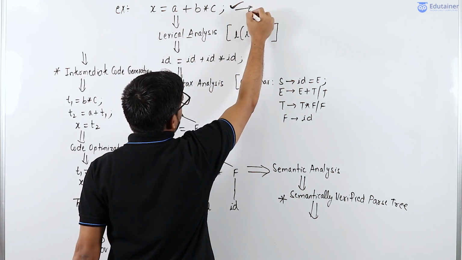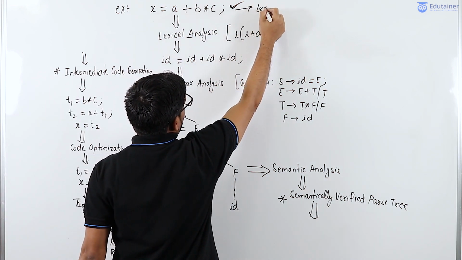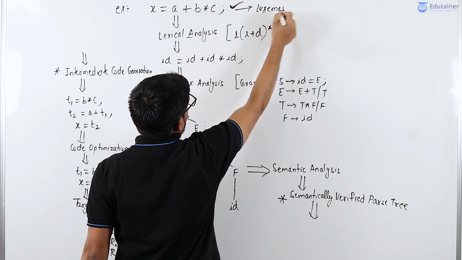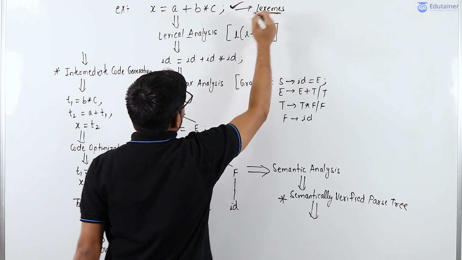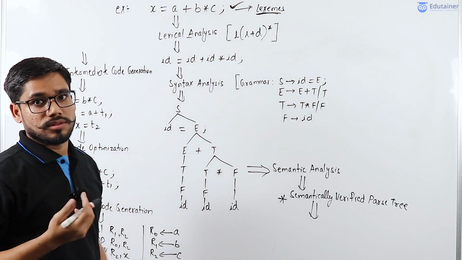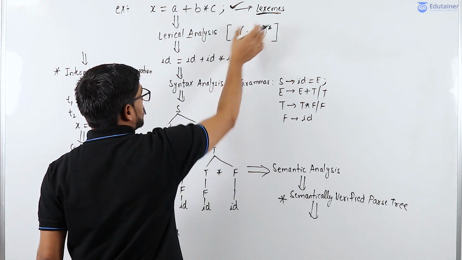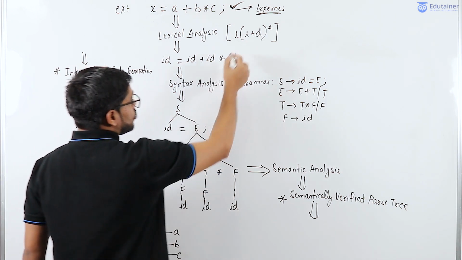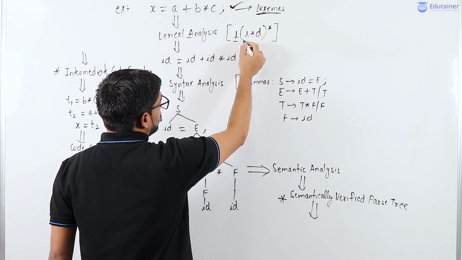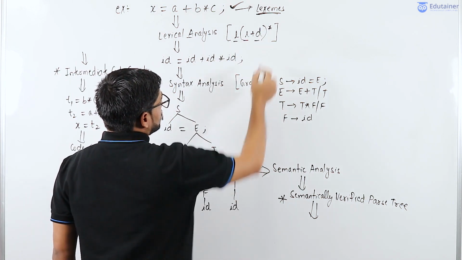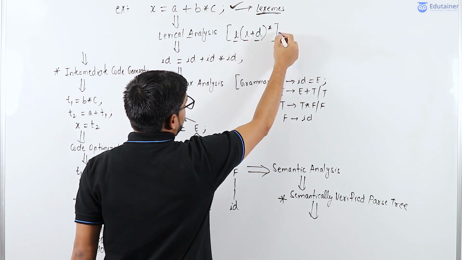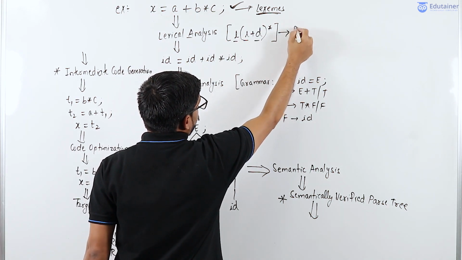Basically it considers all the variables as lexemes, and it will convert these lexemes into a stream of tokens, nothing but identifier. How will it convert these lexemes into tokens? It will use the pattern letter followed by digit. This letter followed by digit pattern is a regular expression.